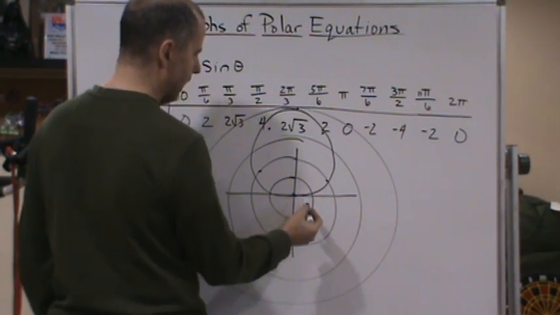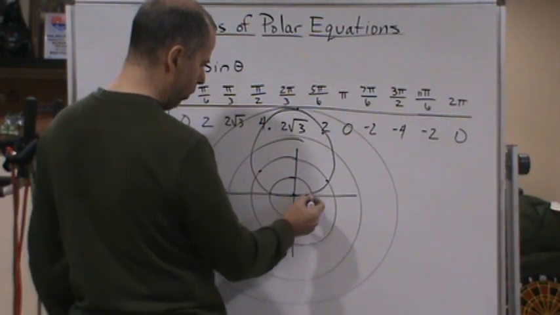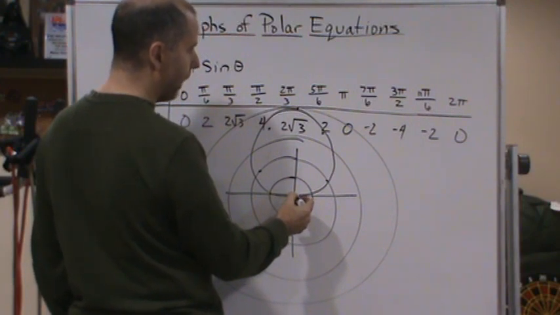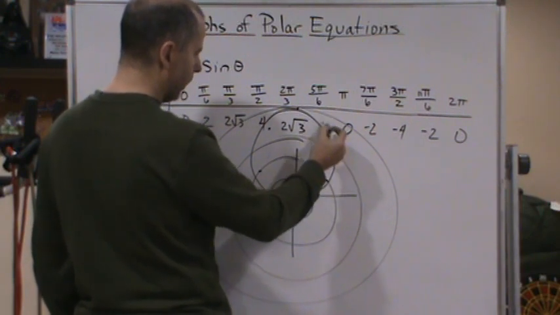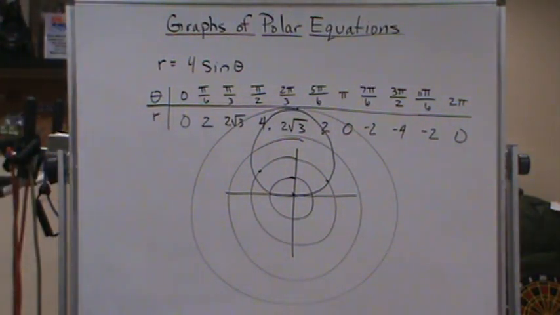When we go from 0 to pi, we're going around one revolution, and then from pi to 2 pi, we're going around again. So we're tracing the graph two times as the angle goes from 0 to 2 pi.